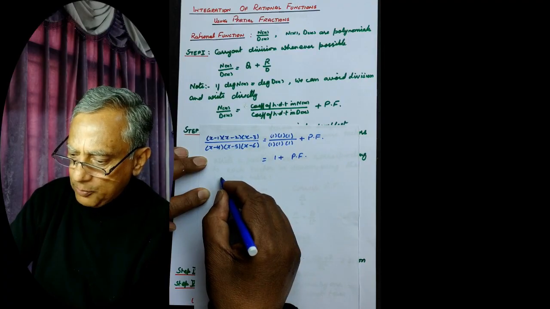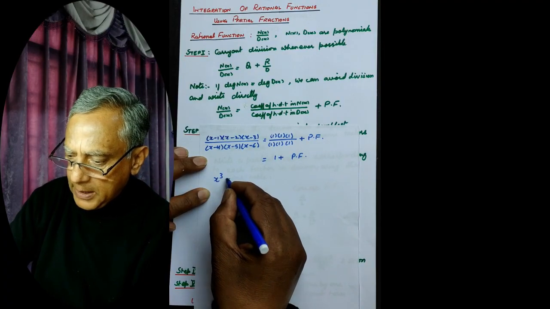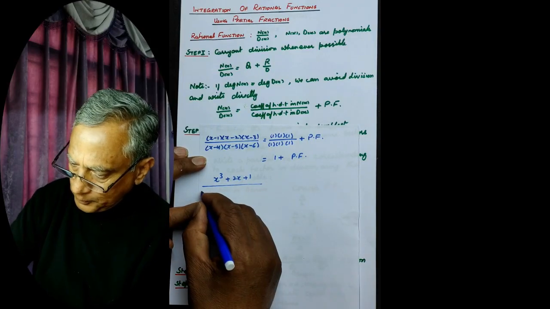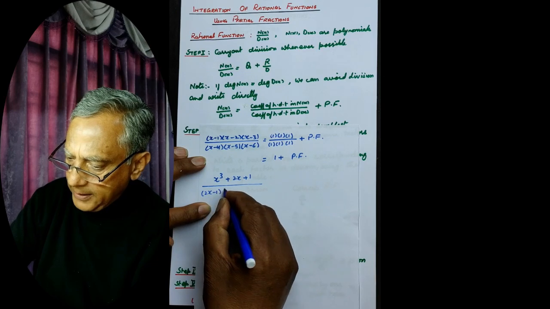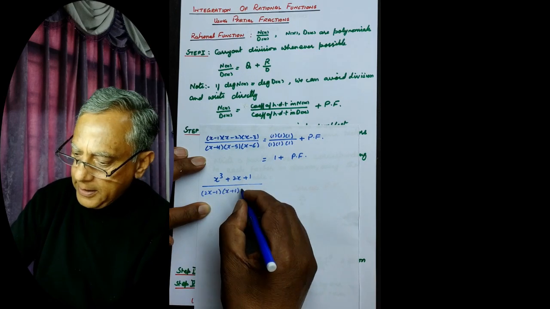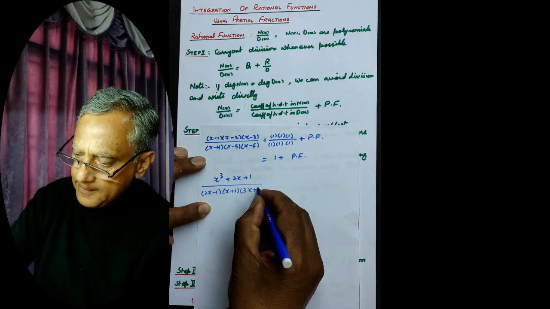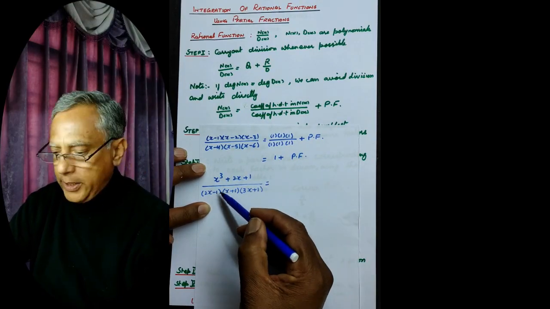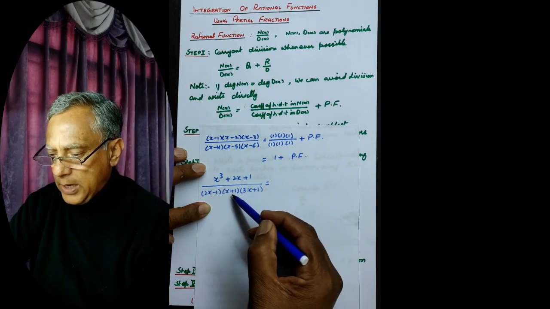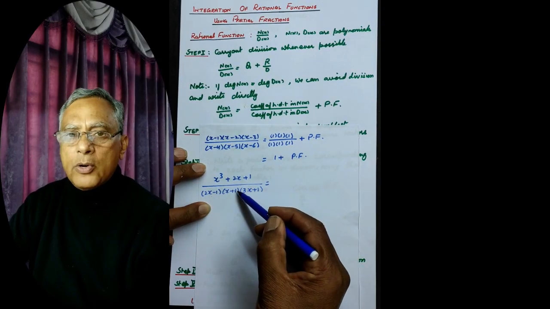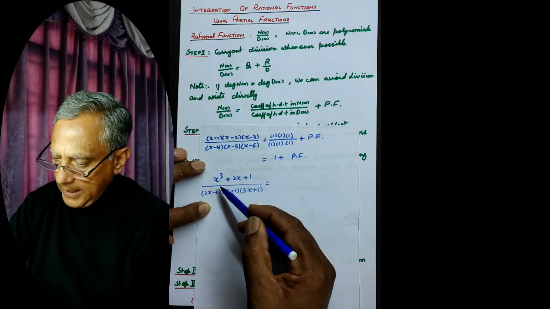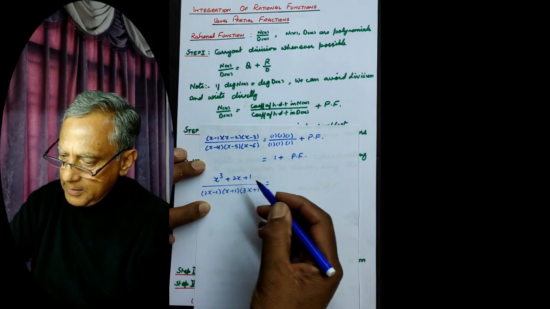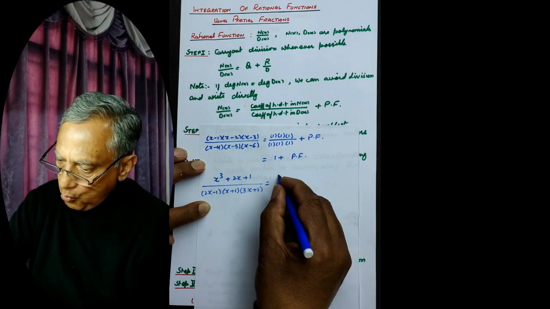One more example, if say we have x cube plus 2x plus 1 whole divided by (2x minus 1) into (x plus 1) into (3x plus 1). Then again degree of numerator is equal to degree of denominator. It is cubic. So we can directly write coefficient of highest degree term in numerator, that is x cube, it is 1.